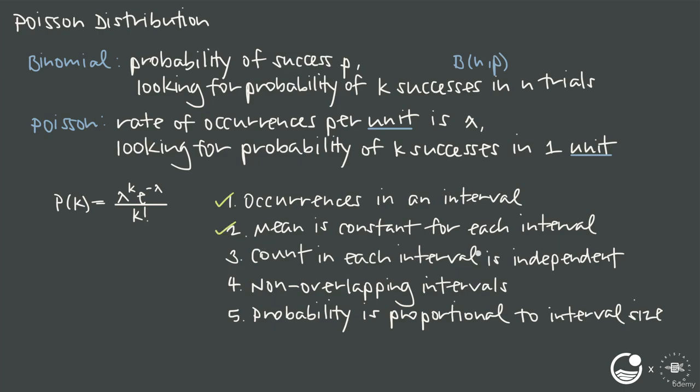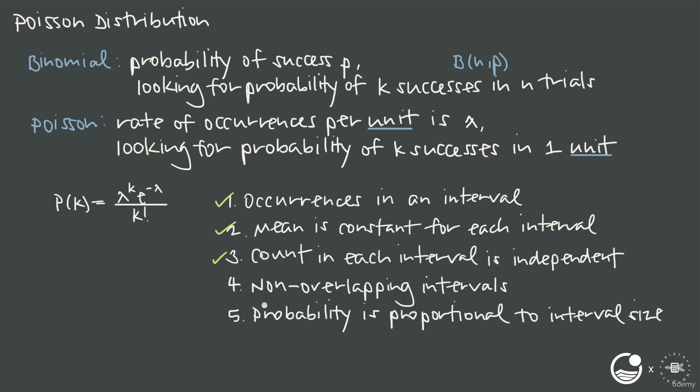We'll say that the count in each interval is independent because the support tickets we receive in 1 hour don't necessarily indicate that we'll receive more or less support tickets in the next hour, so the interval counts are independent. Our intervals are non-overlapping because we're going to look at each hour of the day without overlapping those hours.